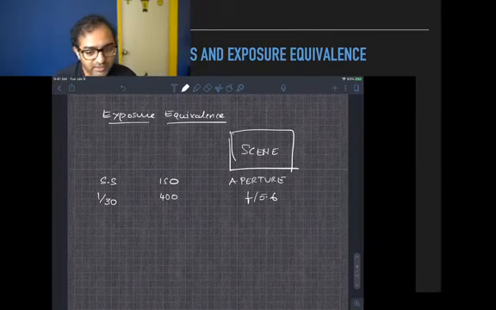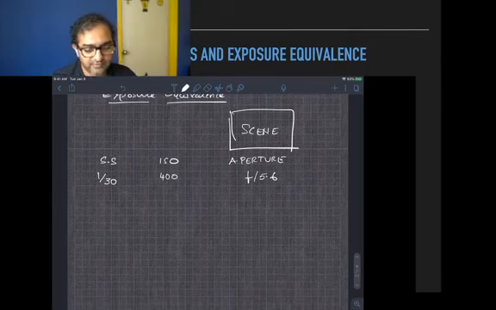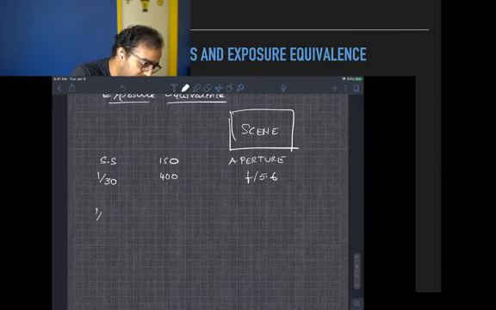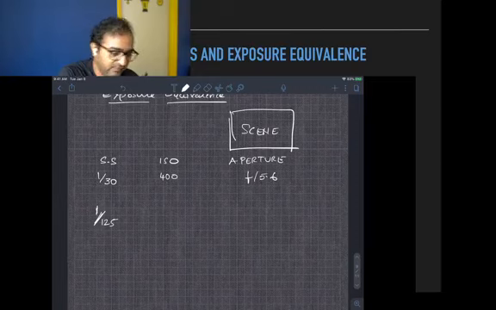Now, imagine this. Let's say for whatever reason I needed a shutter speed of 1 by 125 instead, right? Now, what is the difference here? So 1 by 30, 1 by 60, 1 by 125, right? So this is two stops down.